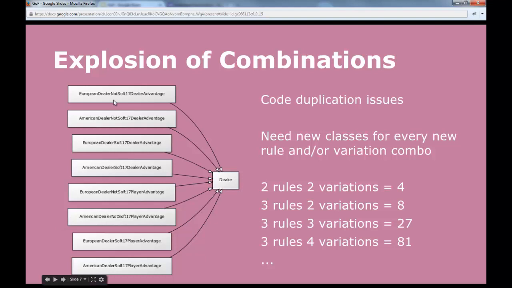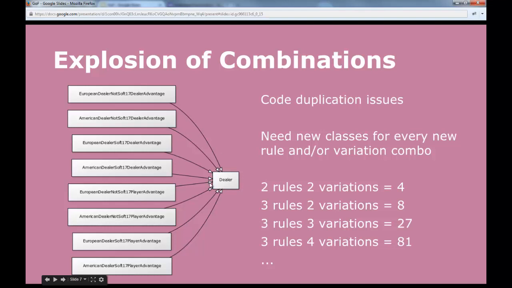So to support these two variations for 3 rules, we need 8 classes for all combinations. So we need a European dealer, not soft 17 dealer advantage, for example, and so on and so forth. And this is not really a good idea, because when we have 2 rules and 2 variations, we will have 4 subclasses. And if we have 3 rules and 2 variations of each rule, we will have 8 classes.